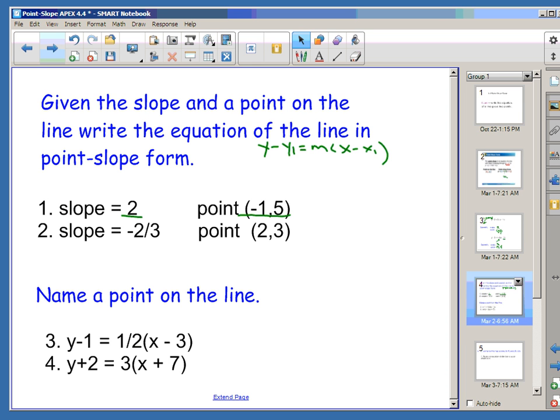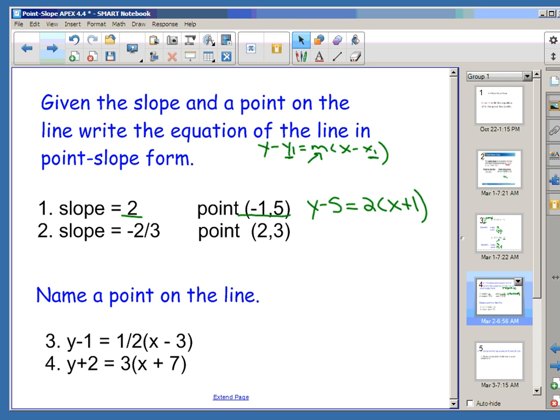So we're going to put in the slope, and we're going to put in the point. So we're going to go y minus 5 equals the slope, which is 2, times x minus negative 1, which is actually plus 1. So again, it's always the opposite of what's there. If it's a negative 1 for the x, it's a plus in the equation. If it's a positive 5 here, it's a minus in the equation.